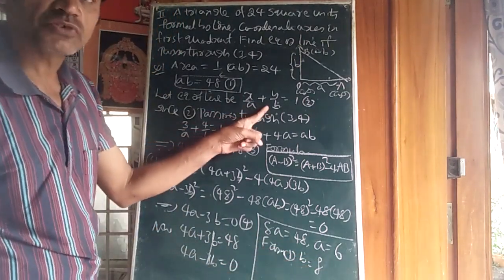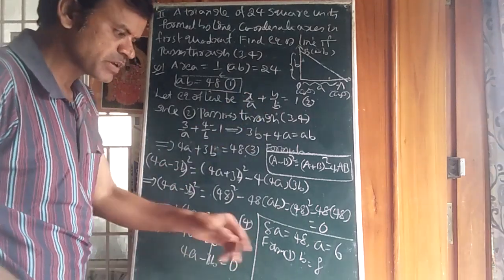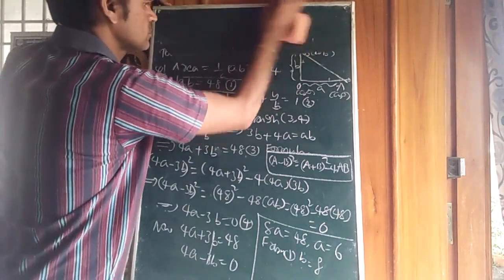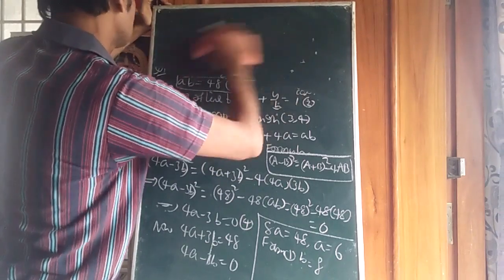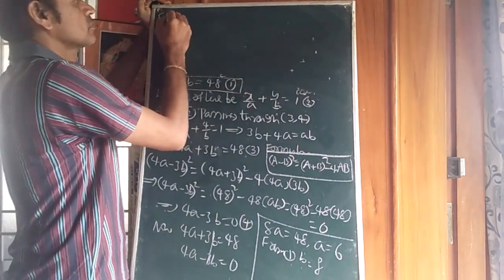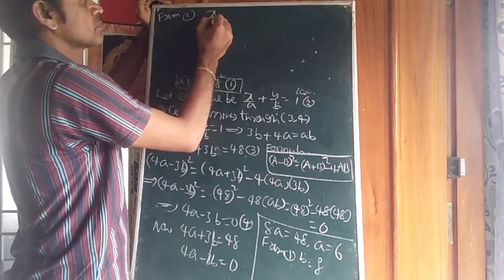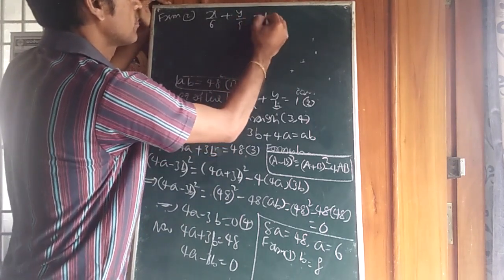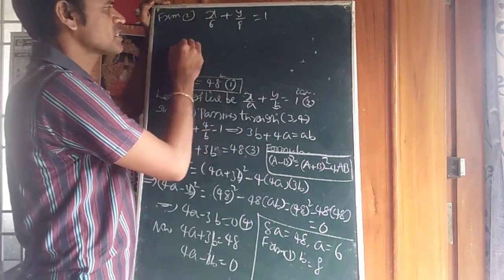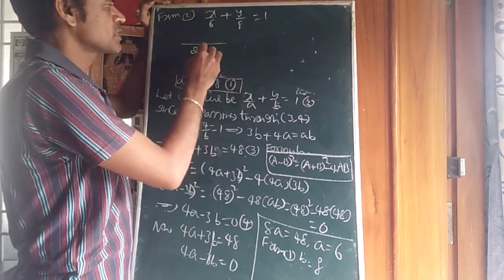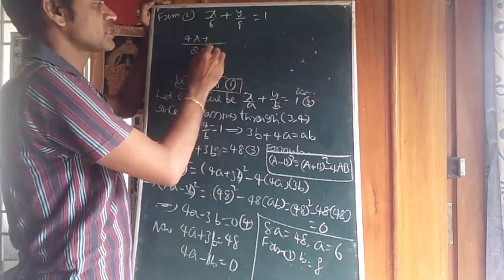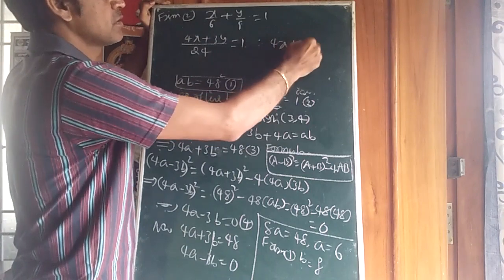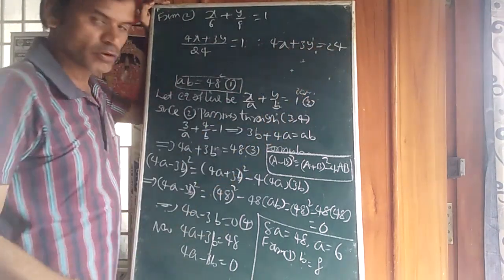So using equation 2, we get the equation x by 6 plus y by 8 equal to 1. Now take LCM. For 6 and 8 it becomes 24. 6 divides 4 times, 8 divides 3 times: 4x plus 3y equal to 24. Therefore, taking cross multiplication, 4x plus 3y equal to 24.